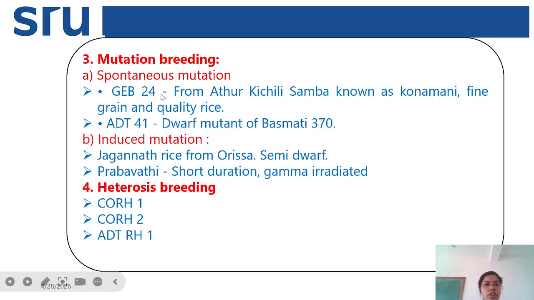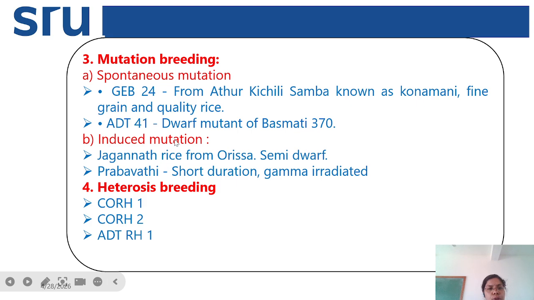JEP24 was developed from Arthur Kichlisamba, known as Konamani, which is a fine grain and good quality rice. From this source, the JEP24 mutant was developed. And next is ADT41, developed from the dwarf mutant of Basmati 370. So these are the two spontaneous mutants in rice.